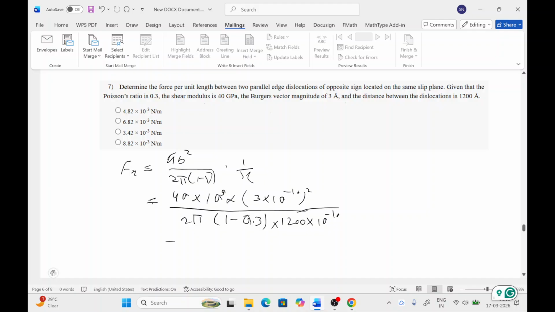So the correct answer will be 6.82 into 10 raised to power minus 3 Newton per meter. So the second option is correct.